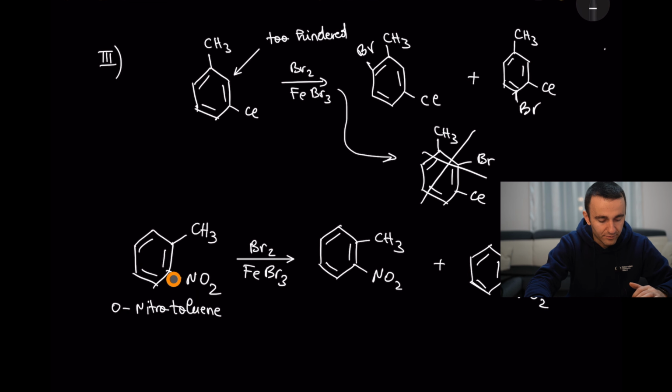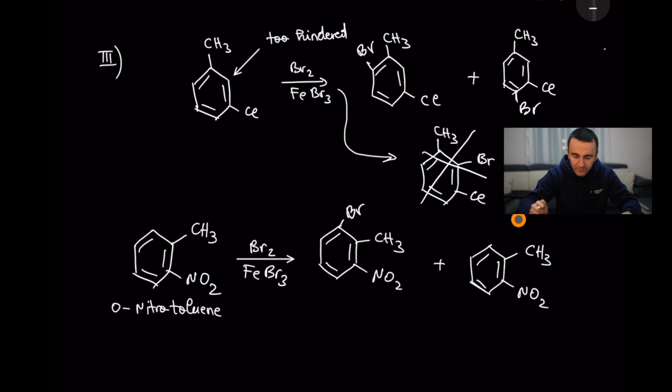Take another compound that is ortho substituted. Here you can do a bromination in ortho position related to this compound. So you can do a bromination here and also in para position here. Okay?